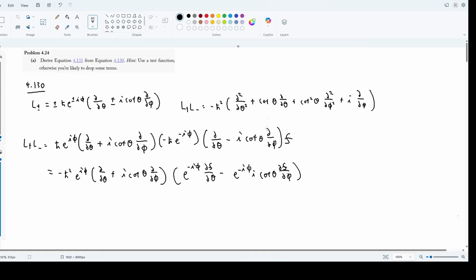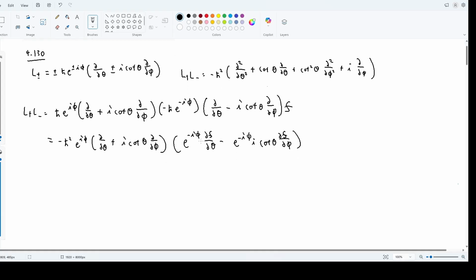Okay. Now that we're doing it this way, this is going to resolve itself into two separate terms. Let's write out the whole thing first, and then we'll solve it separately.